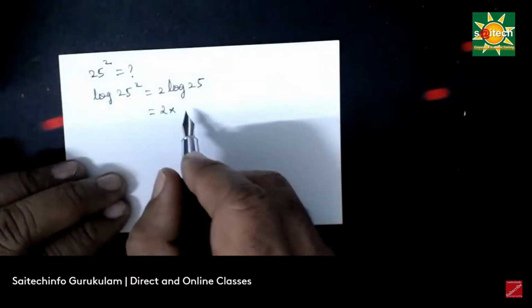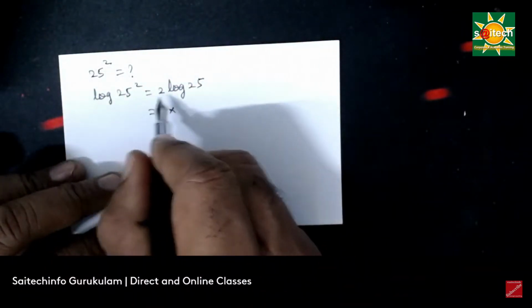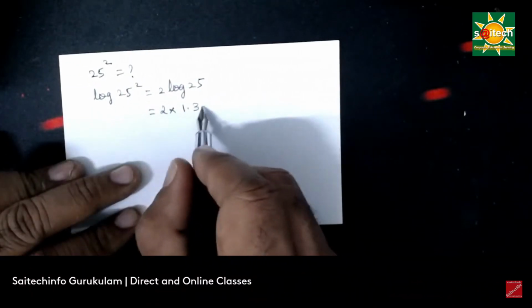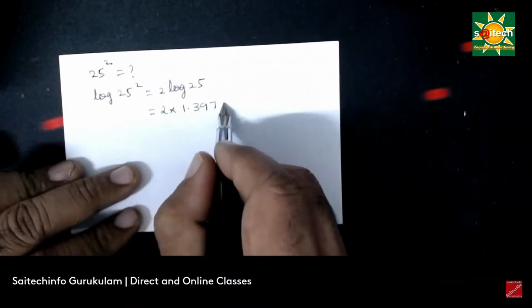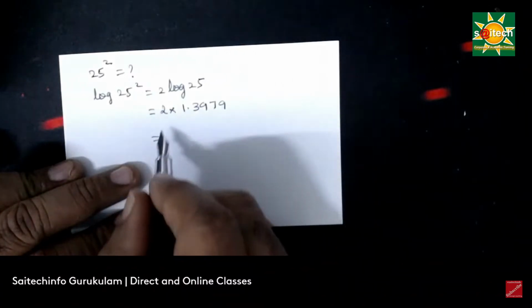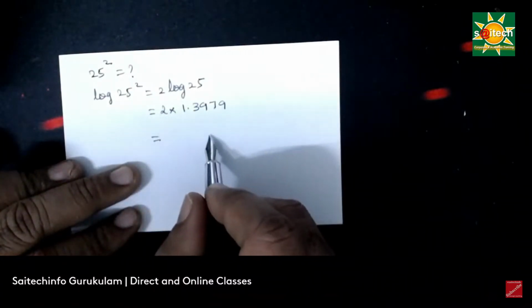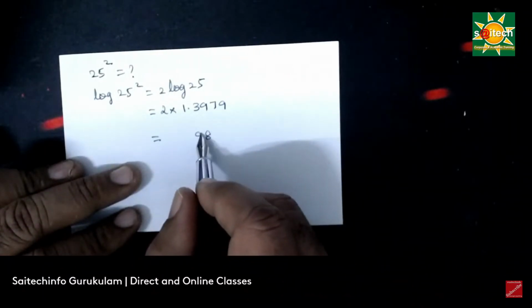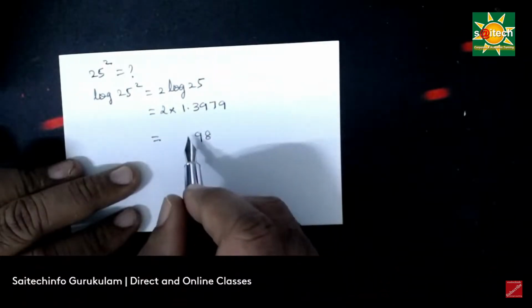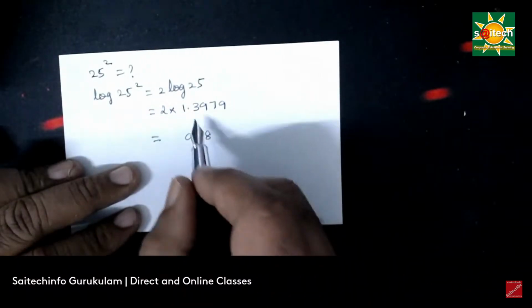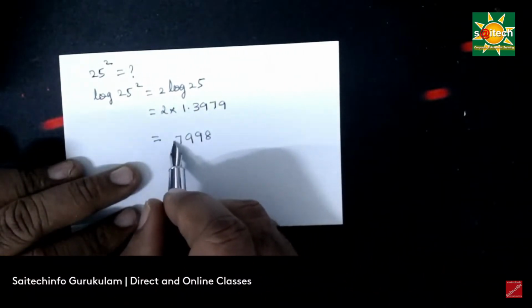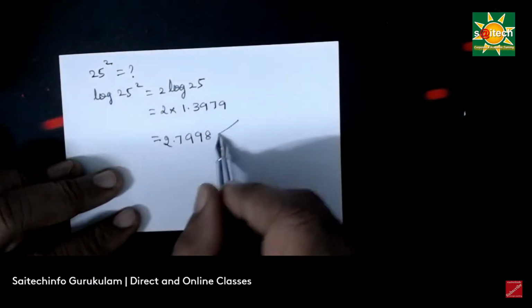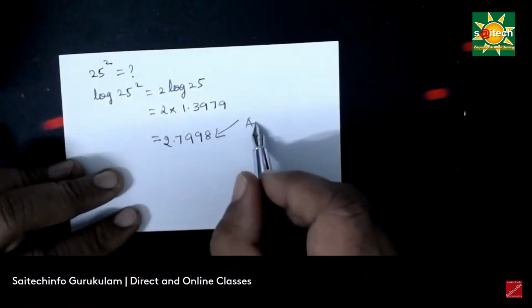This is 2 digits, so you have to put 1 digit. 3979, multiply it by 2. So 2 9s are 18, balance 1. 2 7s are 14 plus 1, 15, balance 1. 2 3s are 6 plus 1, 7. So 2.7958, and check the antilog for this.